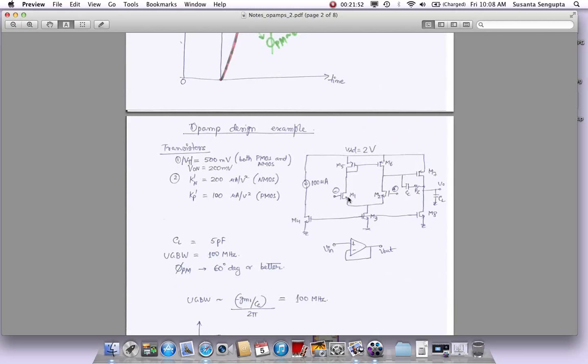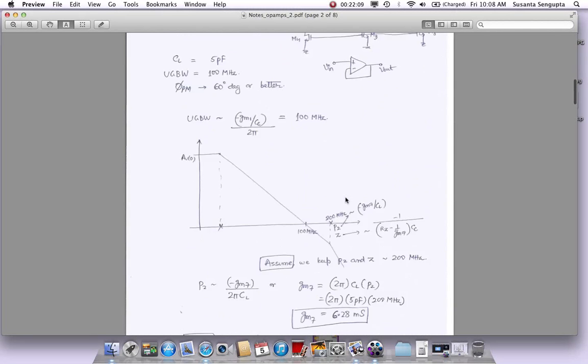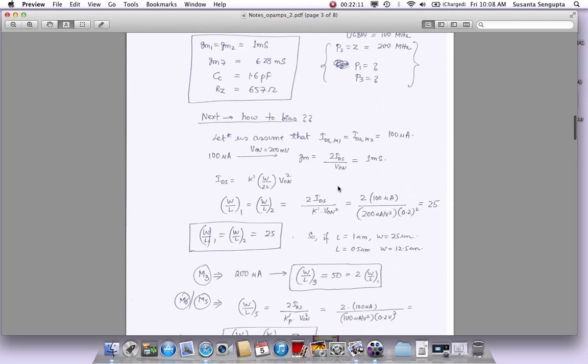You can't. That is what we have to derive next: we have to bias these two legs, bias the output stage, and find all the W over L values. Only then have we finished our approximate design on paper, and only then can we go to the simulator. So how are we going to do this biasing? How are we going to find it? This is what is next.